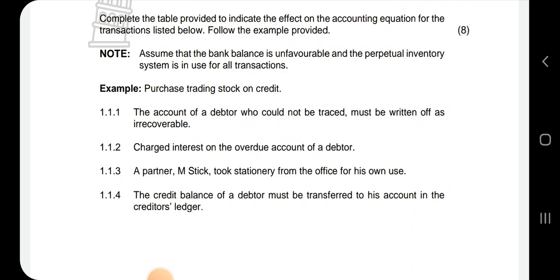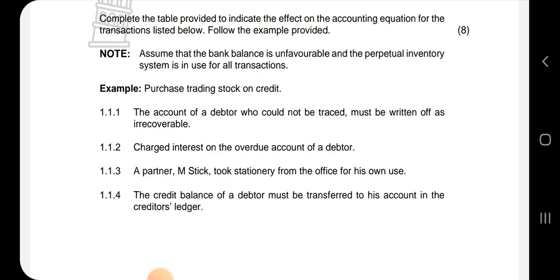So 1.1.4 said a credit balance of a debtor must be transferred to his account in the creditors' ledger. So here we have a debtor's account credit balance that must be transferred to his creditors' ledger. So this will be an increase in assets and a decrease in liabilities.